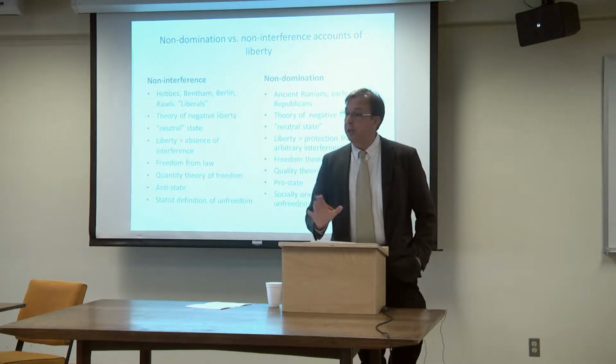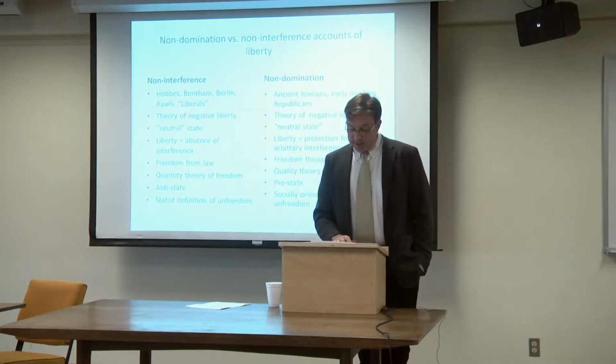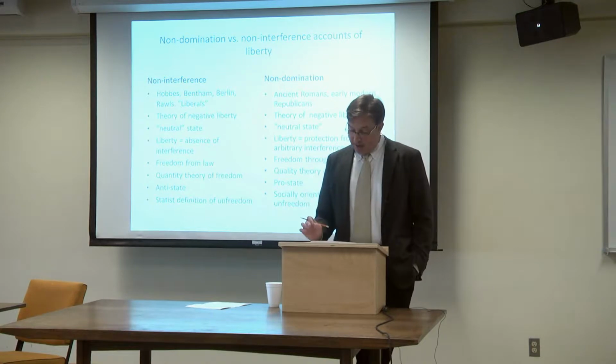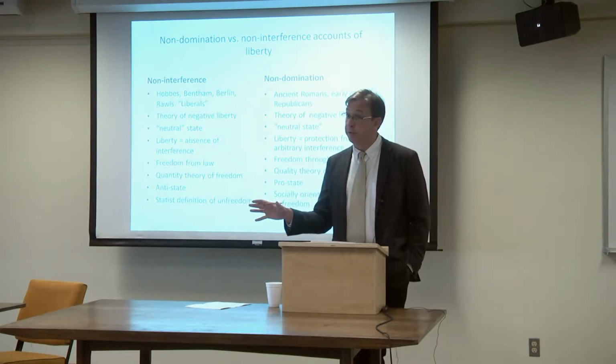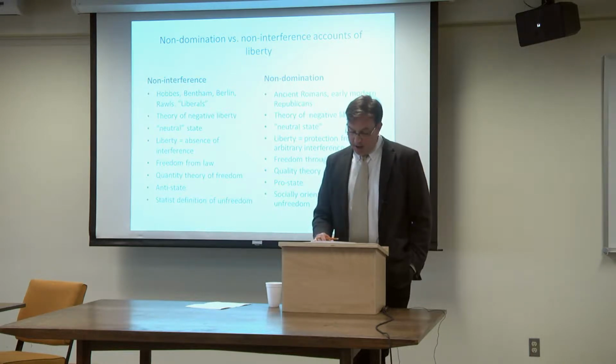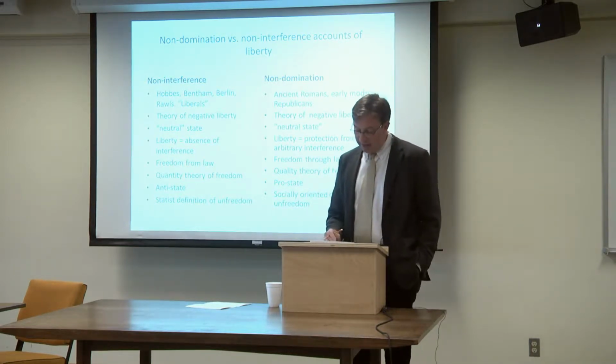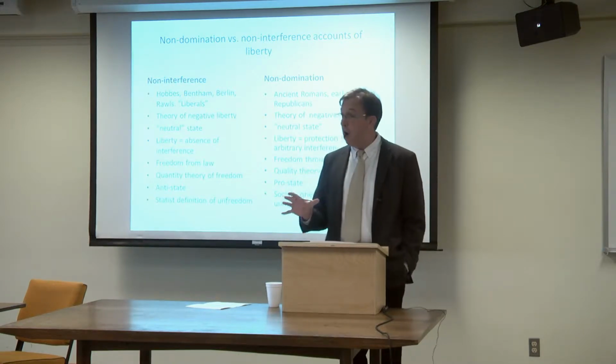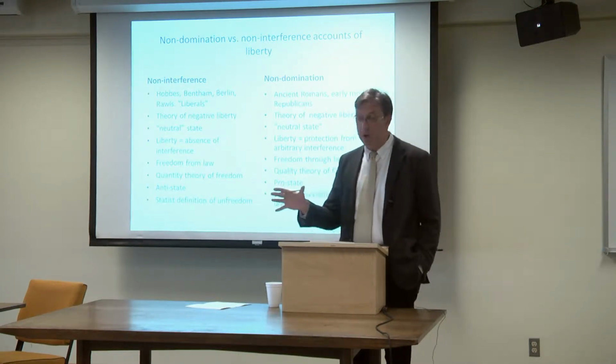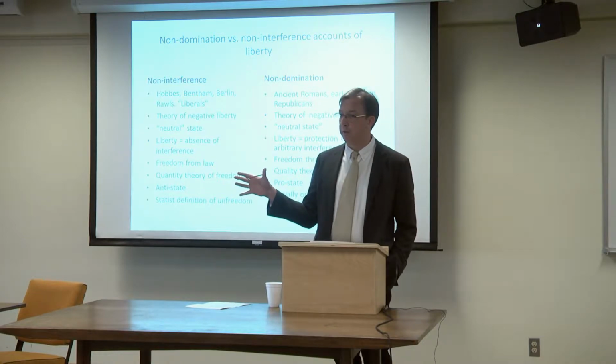So domination in this telling is defined as the mere existence of a power of interference on an arbitrary basis, whether or not there's any actual interference. Now, the reevaluation envisioned here operates in two directions. On the one hand, it considers as unfree any dominated individual, no matter how expansive the scope of non-interference they may enjoy.